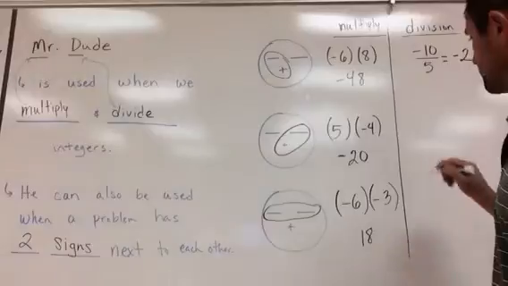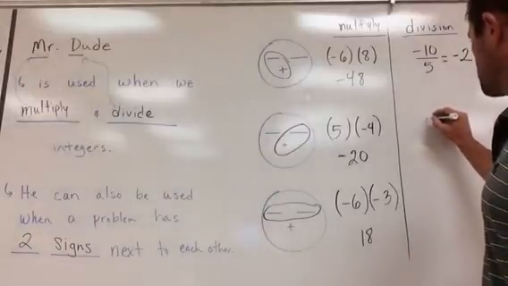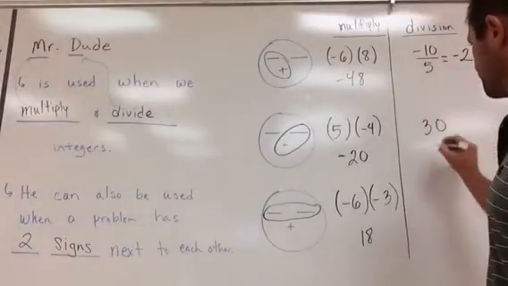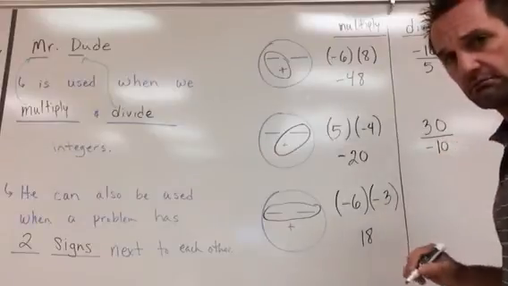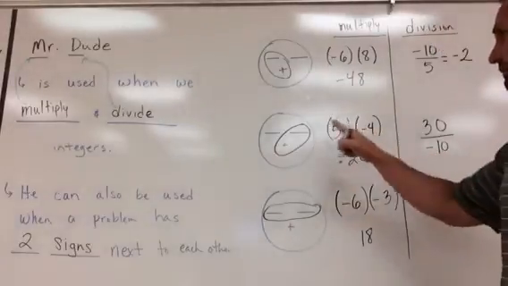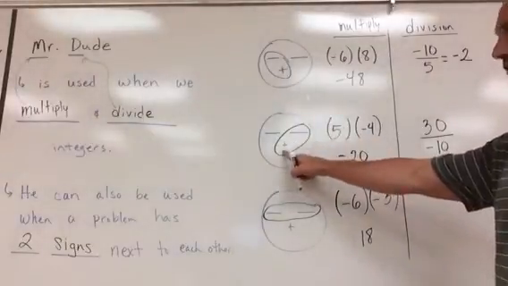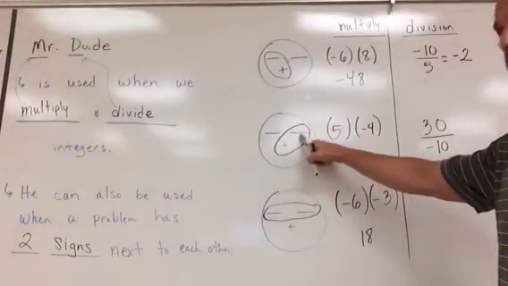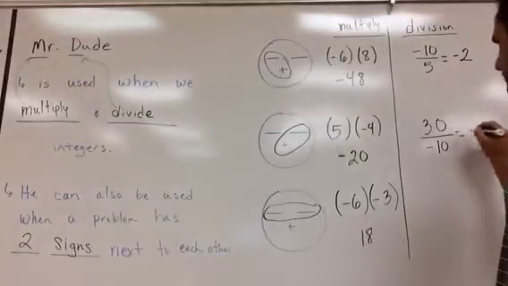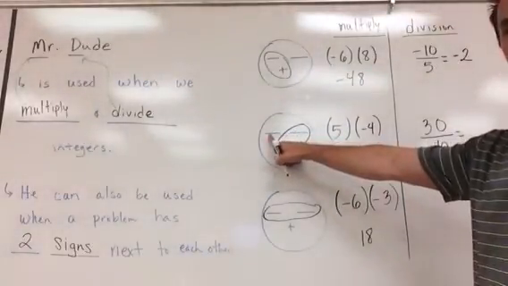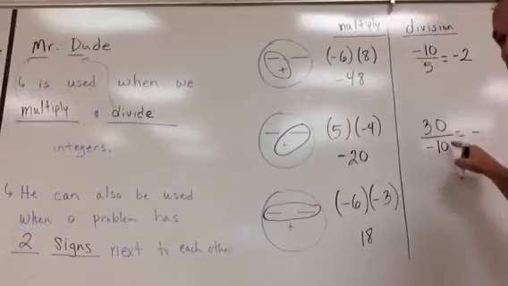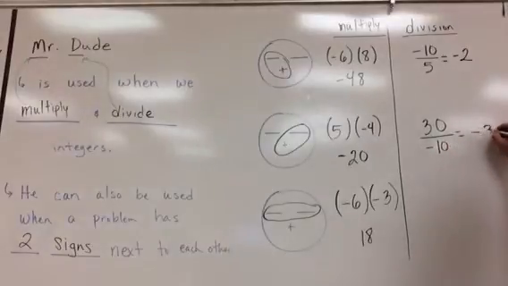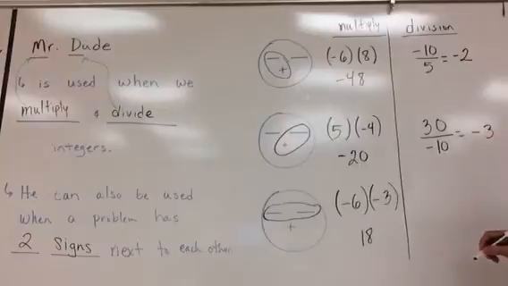Another division problem, if we had, let's go +30 divided by a -10. Okay? Again, a positive is our first number. A negative is our second number. What's left over? The negative sign's left over, so our answer is going to be a negative, and then 30 divided by 10 gives us 3.